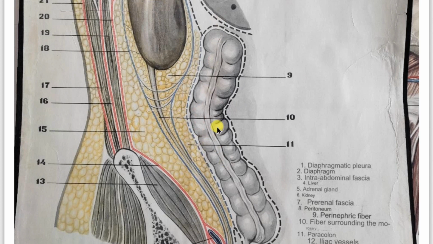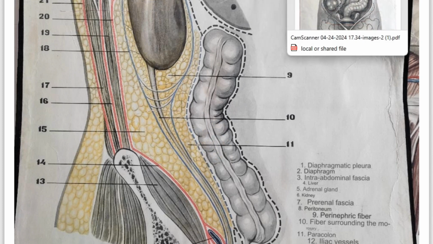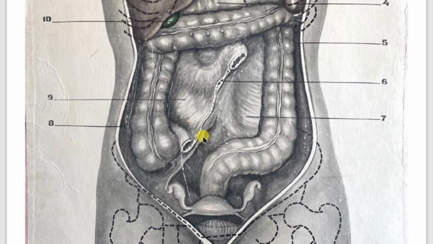Let's see on another poster how it looks clearly. Here you can see the colon and this is the abdominal wall, and the space between them is called paracolic cellular tissue. This one is on the right and this one is on the left side.